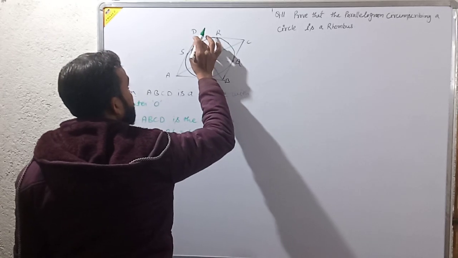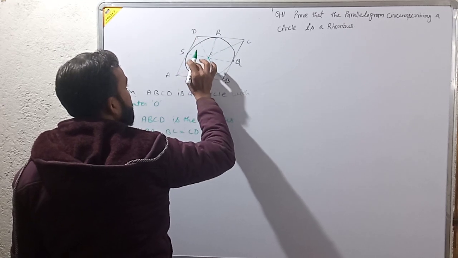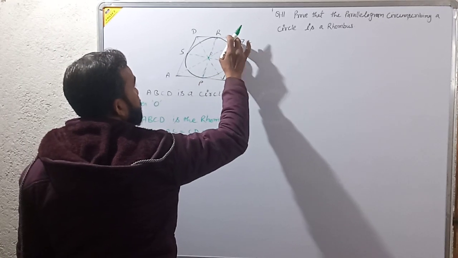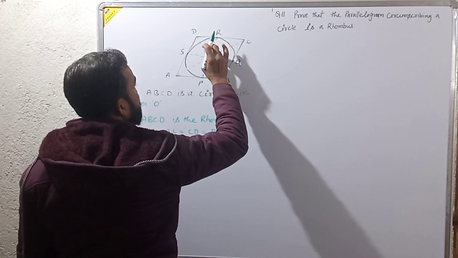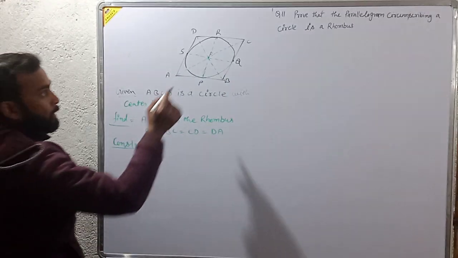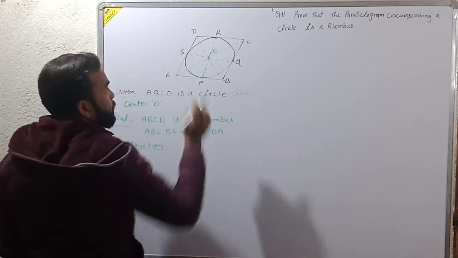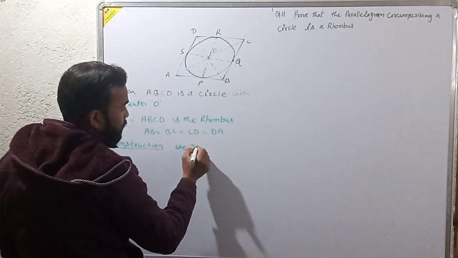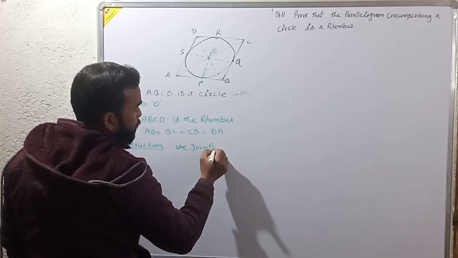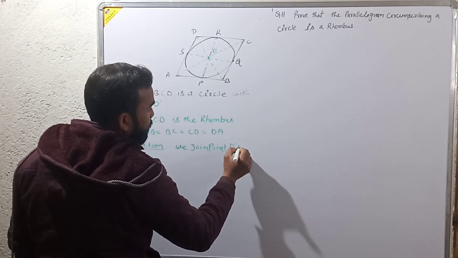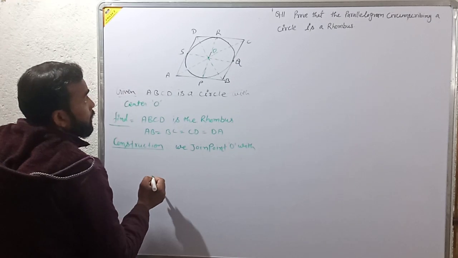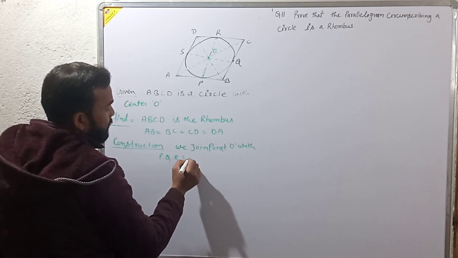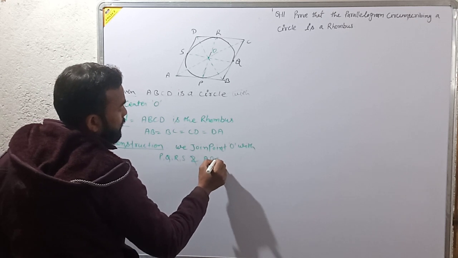Clear? This is the center point O. Construction: join point O with P, Q, R, S and A, B, C, D.